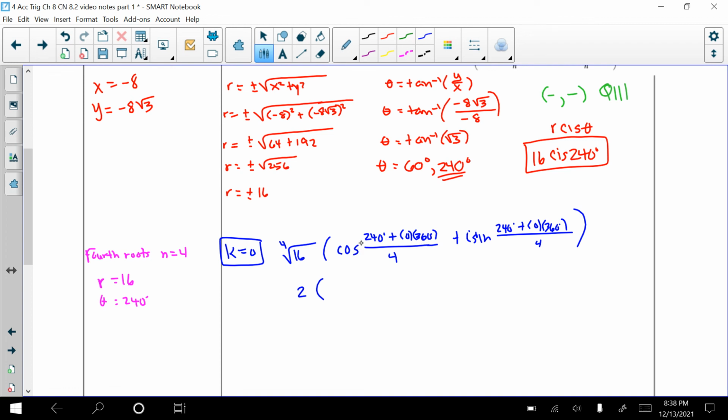So 240 is going to be divided by 4, which the result is 60 degrees. We've got cosine of 60 degrees there. Plus I sine of, it'll be the same thing, 60 degrees, which means you can simplify this down to 2 cis 60 degrees overall. So that is the complex polar form of the first fourth root.